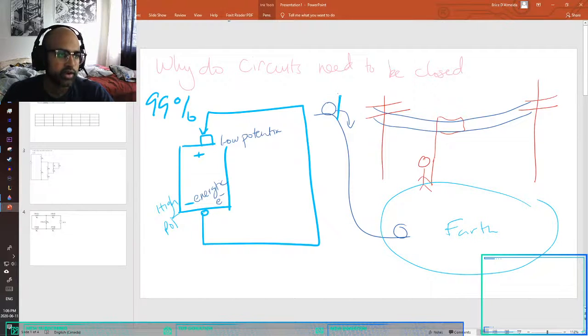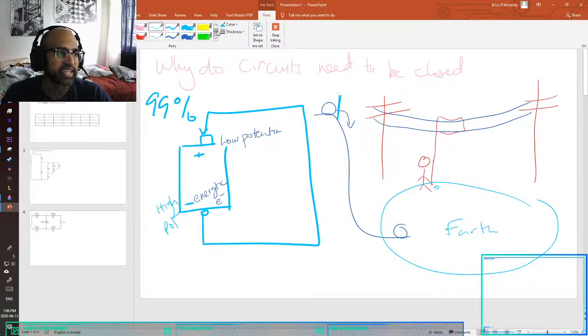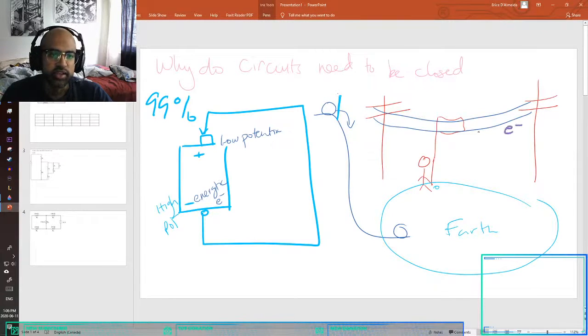Using a battery or power source like your outlet gives an easy way for the electrons to go back to the source in a low potential way. Here, we don't have to send the electrons back to the source. It just has a shortcut to a low potential. Even with a wooden stick, because the potential in these wires is so high, the electrons can travel down the pipe and get to the Earth, from a high potential here to a low potential, which is the Earth.